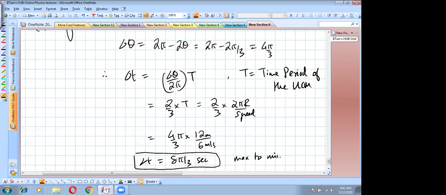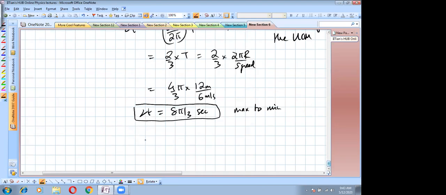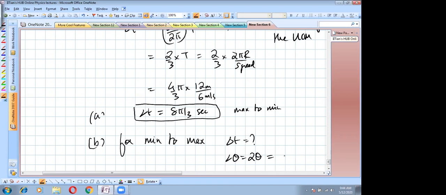This is the delta T to go from maximum to minimum. And in the figure, you can see that minimum to maximum is just half of this. So delta theta for that is 2 theta, so that is 2 pi by 3.